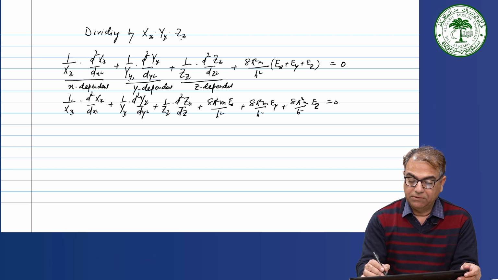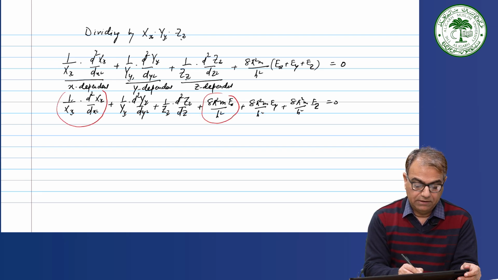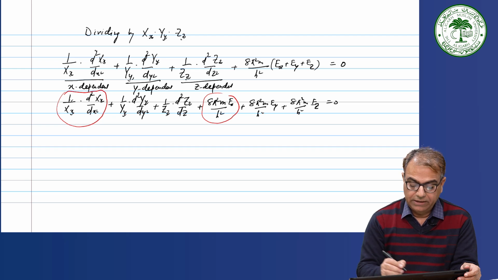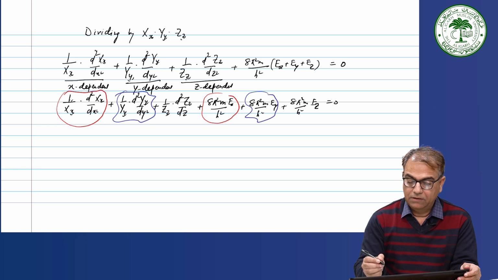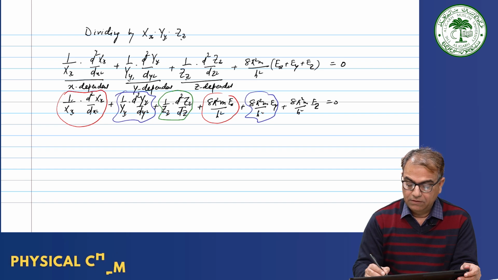So, you look at these terms. This term is x dependent, this term is x dependent, okay. Then this term is y dependent, this term is y dependent. Then this term is z dependent, this term is z dependent.